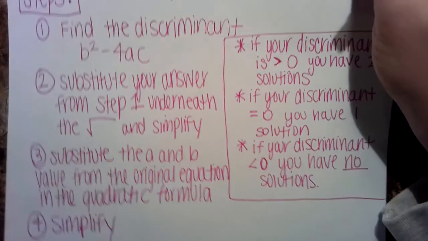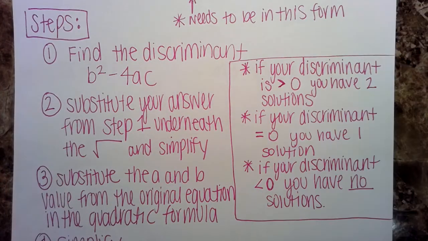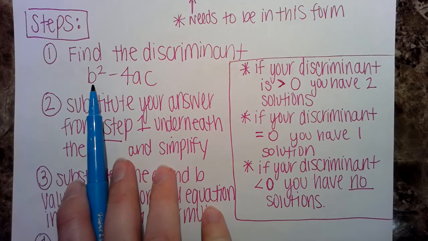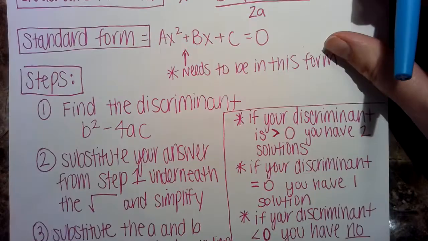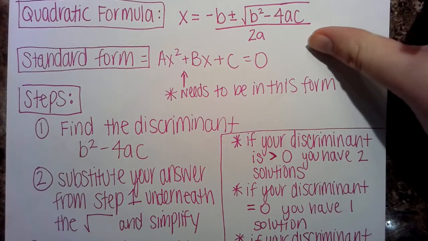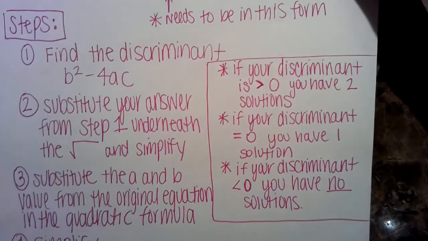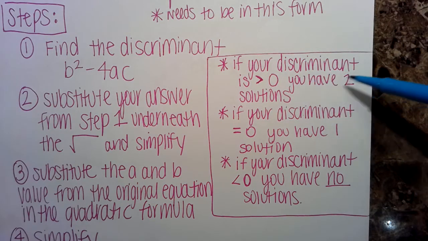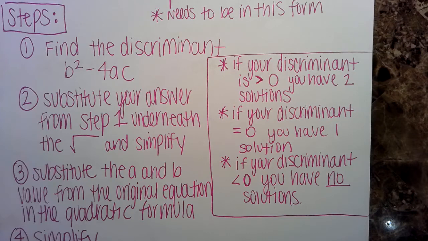Now, the steps that we're going to use to solve: we're going to first find the discriminant. The discriminant is the b squared minus 4ac, so that is what's underneath the radical. Something to know about the discriminant is if your discriminant is greater than 0, you have two solutions.